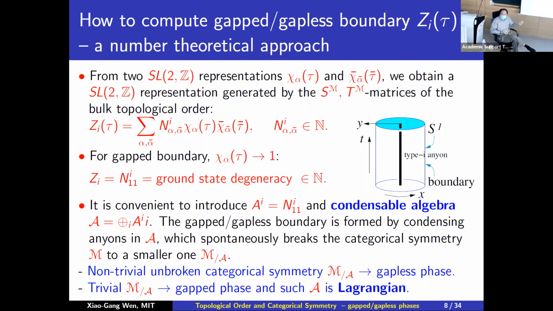This is the most general way to describe it. If a certain anomalous symmetry is not broken, then the state must be gapless. The most general formulation is this: whether the unbroken categorical symmetry is trivial or non-trivial determines whether it is gapless or not. And if A is large enough such that the induced topological order is trivial, then A is called Lagrangian.